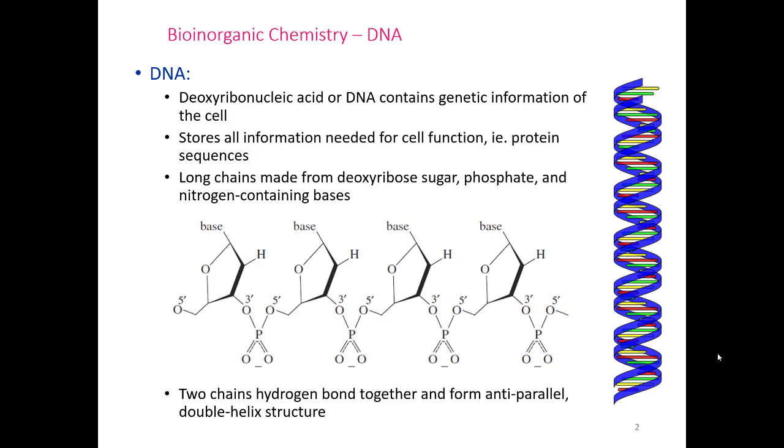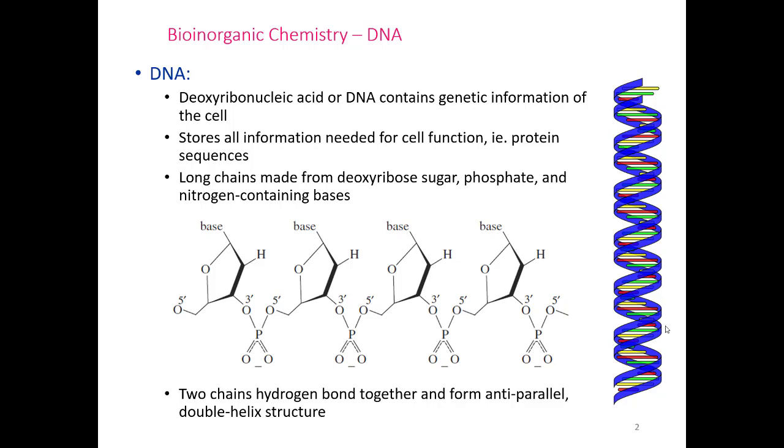DNA polymers, or strands as they are often referred to, generally do not exist as isolated strands, and are instead hydrogen bonded to another complementary strand. These two strands form a double helix type structure, as shown right here, with the blue ribbon representing the sugar and phosphate backbone.